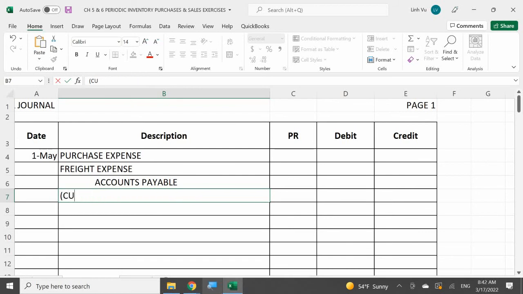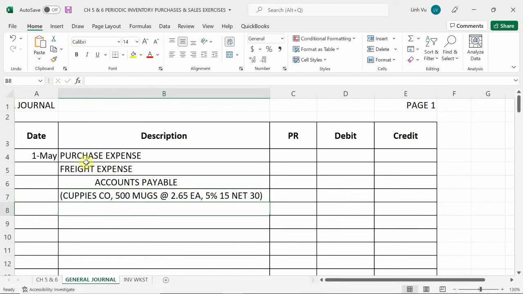We're going to put the organization that we purchased it from, Cuppy's Co. You don't have to put purchase, and then we can do 500 mugs at $2.65 each. And they gave us terms 5%, 15 net 30. Let's double check that.